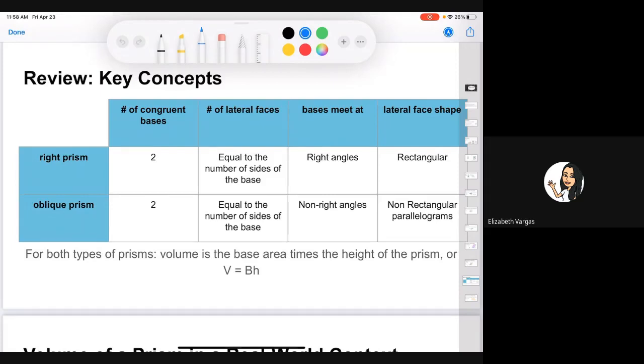In an oblique prism, however, they do not meet at right angles, and that's why we need to use the altitude. And then our lateral face shapes of right prisms will be rectangular, or in oblique prisms, they will not be rectangular because they're not perpendicular. But for both of these prisms, volume will be equal to the base area times the height of the prism.